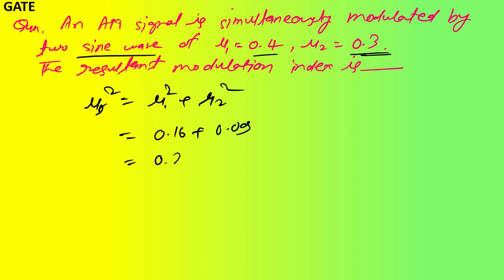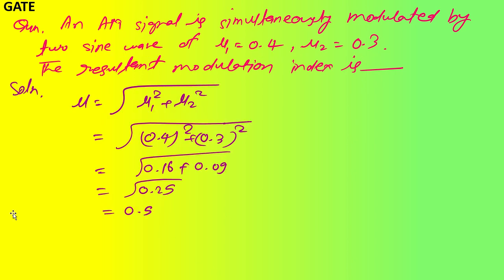So that can be 0.25. So mu t will be the square root of this, that will be 0.5. So the resultant modulation index due to these two sine waves in the amplitude modulator is going to be 0.5. You can take a note of this directly from here.